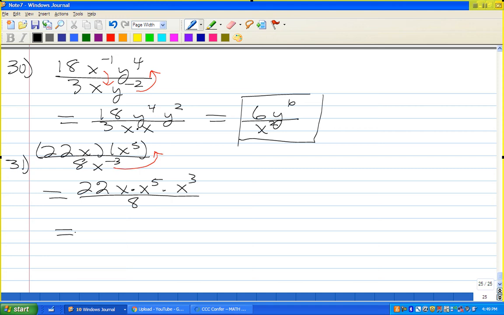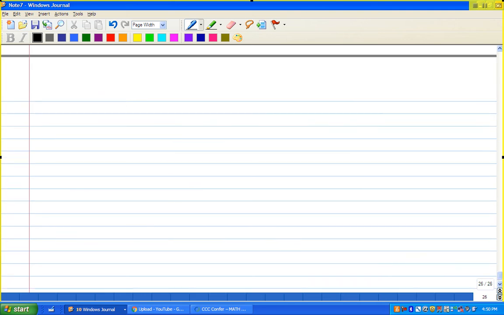I can divide both 22 and 8 by 2. I have the same base x. Let me add exponents. 1 plus 5 plus 3 is 9. So 11x to the 9 over 4. Let me do problem number 32.